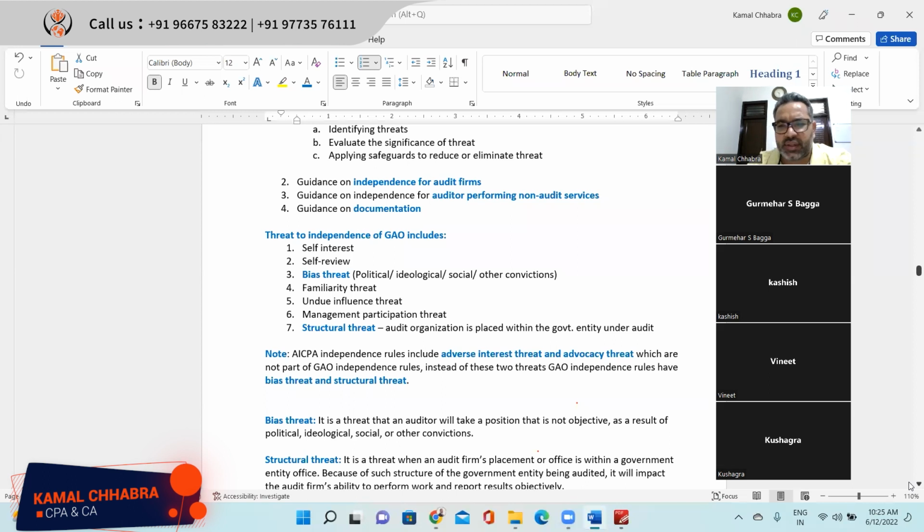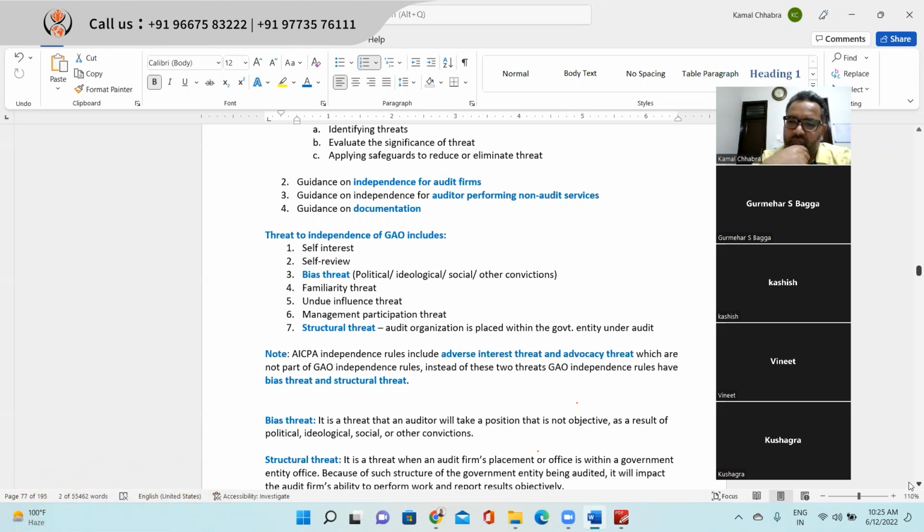What is a self-interest threat? If we have any financial interest in the client, or a financial benefit or aid taken from the client, then we consider it self-interest, where we tend to please them so that we can get extra services from them.